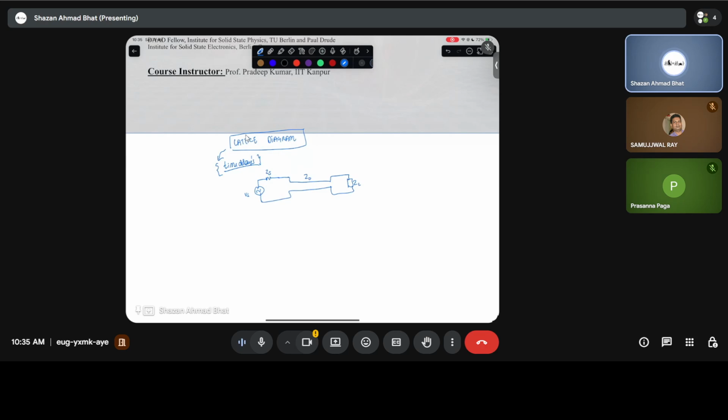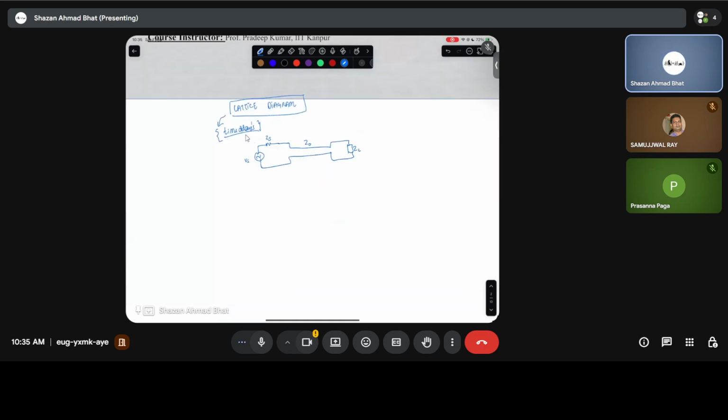If you give some sort of a signal to this end using the source, it's going to traverse to the load, and because of the impedance mismatch, it's going to reflect back in time 2 TD, then come back in time 3 TD, and go back in time 4 TD, 5 TD, and so forth. This is a sort of back and forth reflection from the source end and from the drain end.